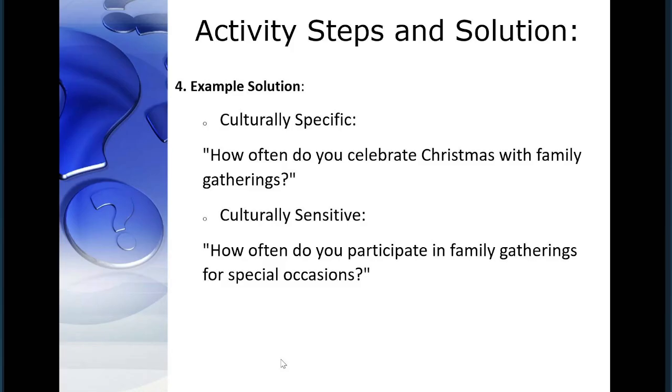Now, question order and flow. The order and flow of questions are as crucial as the questions themselves. Logical sequencing helps respondents navigate through the questionnaire naturally, preventing confusion or survey fatigue.